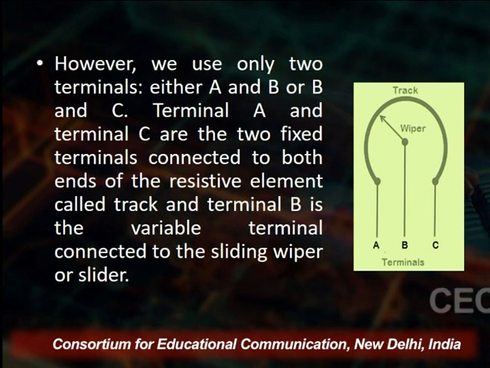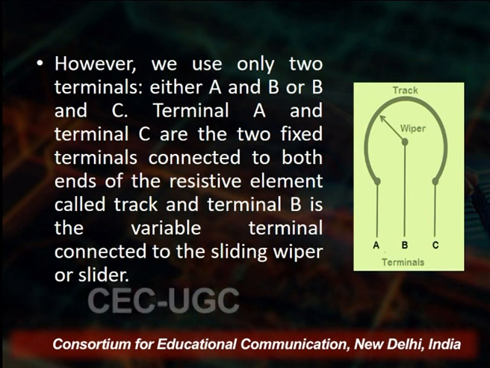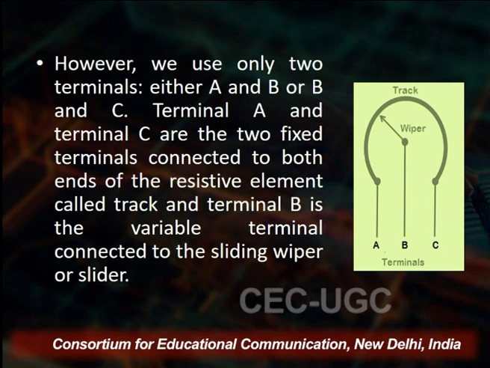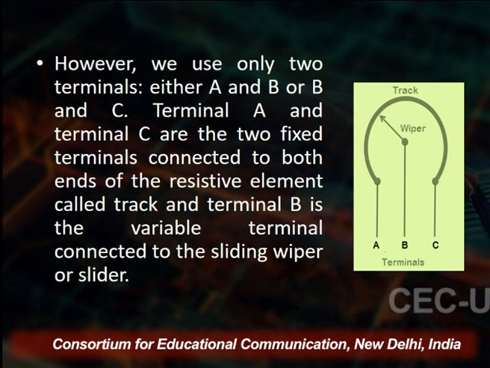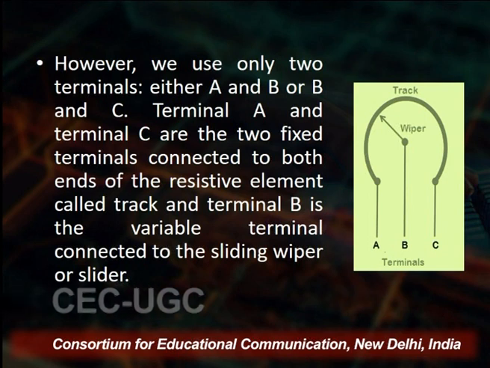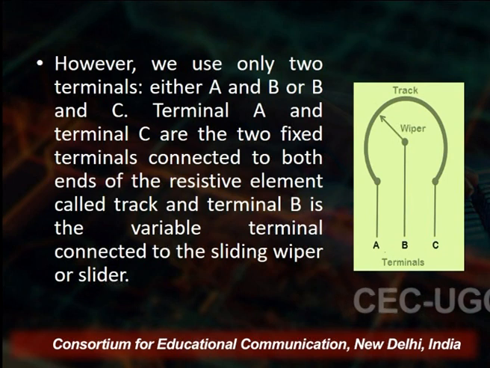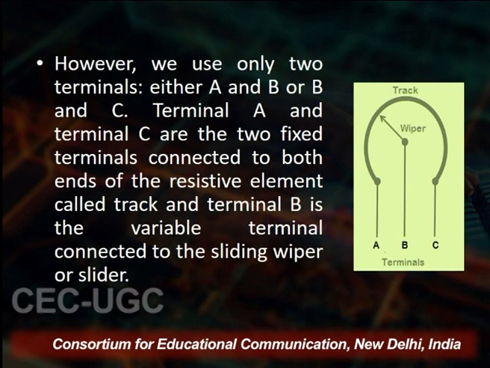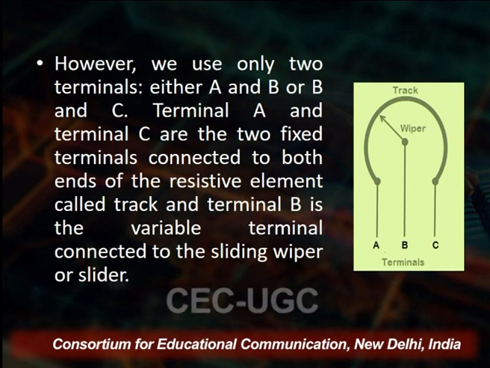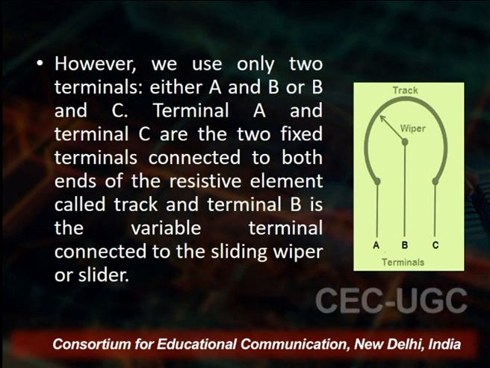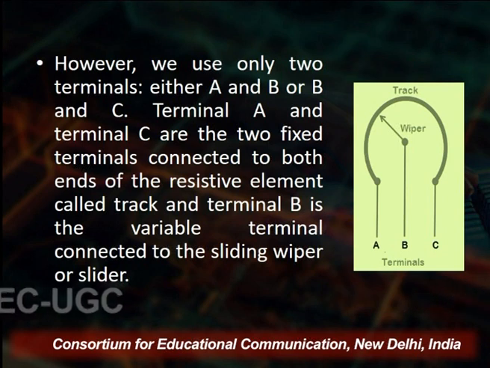Terminal A and terminal C are the two fixed terminals connected to both ends of the resistive element, which is called the track. Terminal B is the variable terminal connected with the sliding wiper, or slider, that moves on the track.